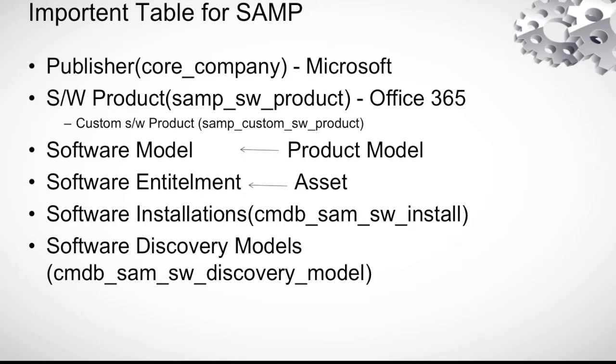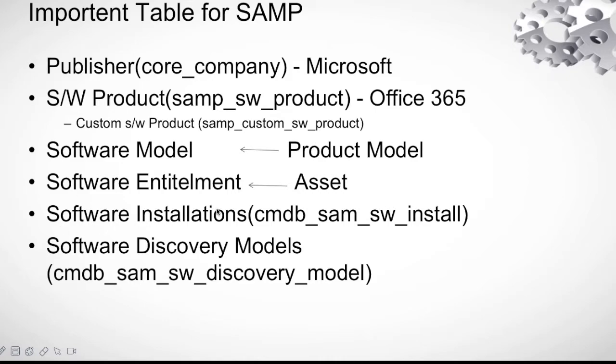After the procurement process, previously it was generating the hardware CMDB CI hardware table, creating assets like computer. Now in our case, it will generate software entitlement. Software entitlement is nothing but the number of licenses I have, which will be stored in the software entitlement.